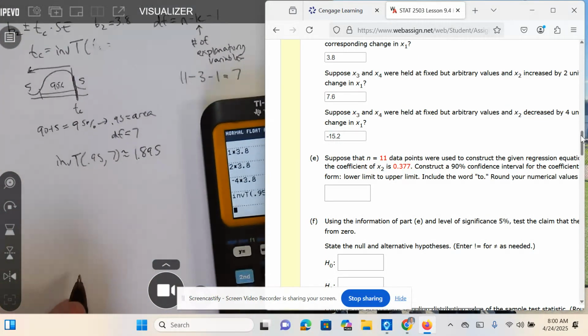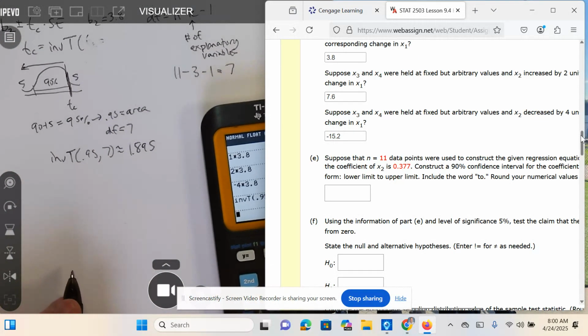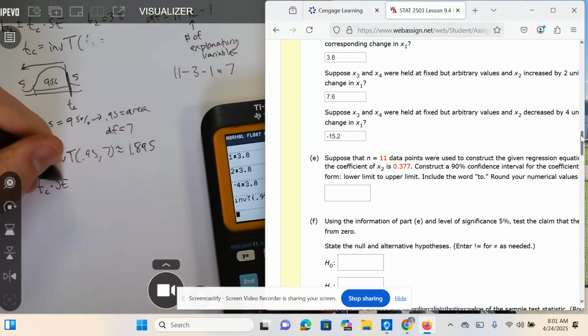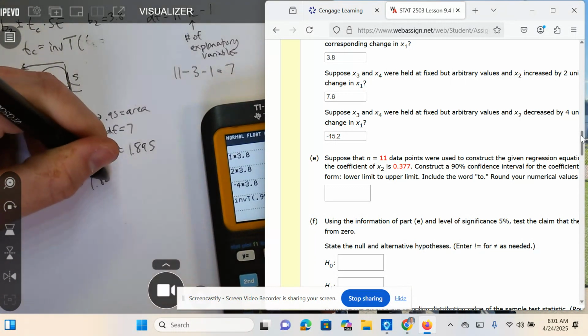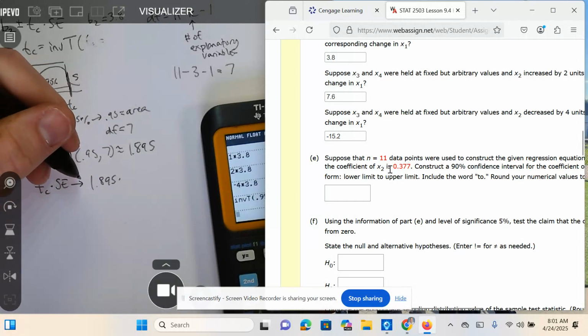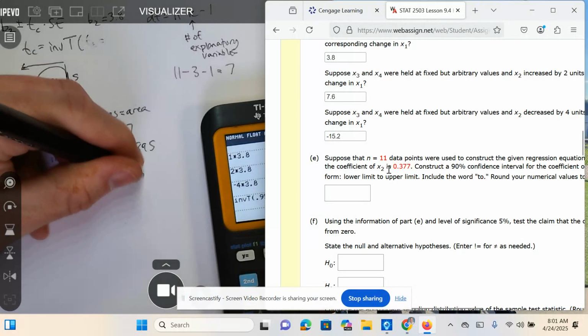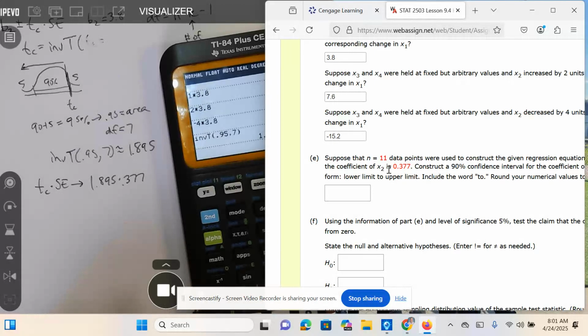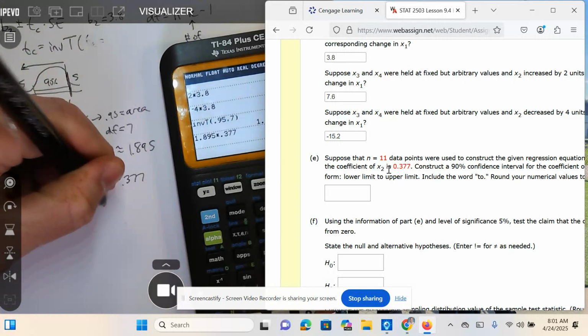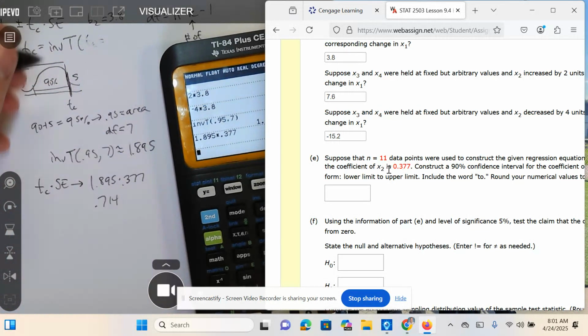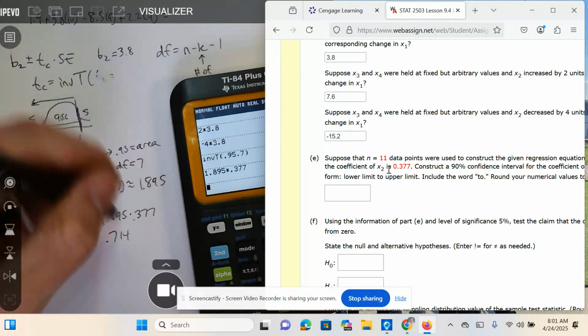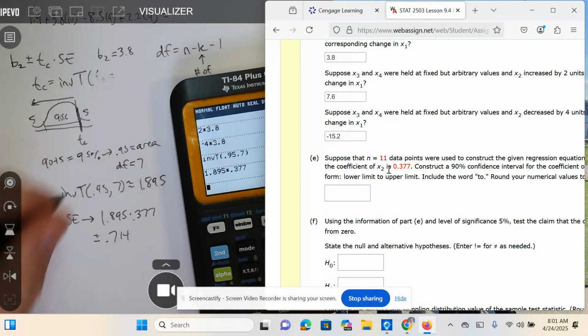And so now I'm going to find the margin of error. The margin of error is the critical value times the standard error. So that's going to be 1.895 times the standard error, which they gave to us, was 0.377. So 1.895 times 0.377, 0.714. And now that's going to be my error. I'm going to bring in my slope.